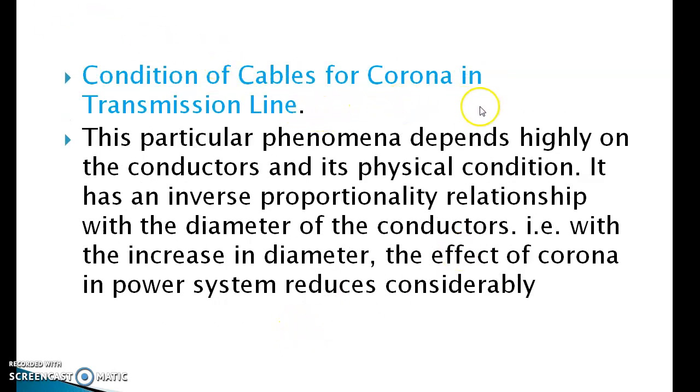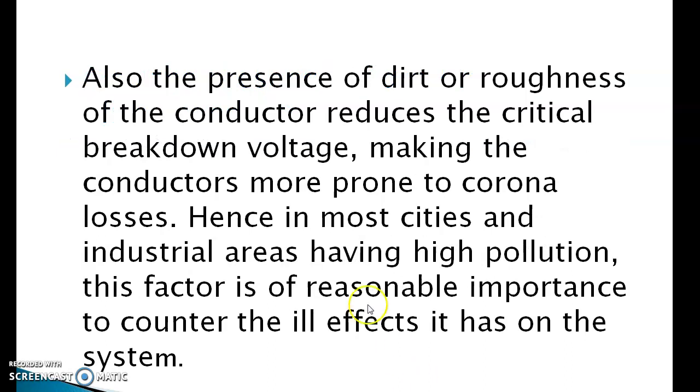Conditions of cable for corona in transmission lines. This particular phenomenon depends highly on the conductors and their physical conditions. It has an inverse proportionality relationship with the diameter of the conductors. That is, with the increase in diameter, the effect of corona in power system reduces considerably.